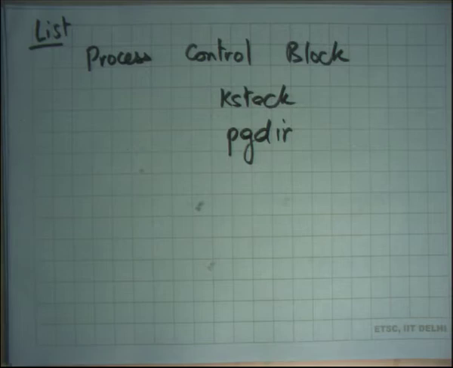Why can't we save the pointer to the page directory on the stack? Okay, that's a very interesting question. Well, actually in theory you can, nothing stops you. You just have to make sure that it never gets overwritten, right.